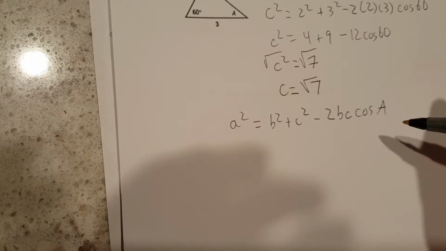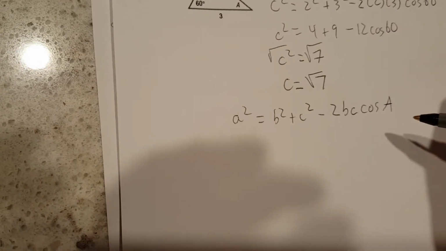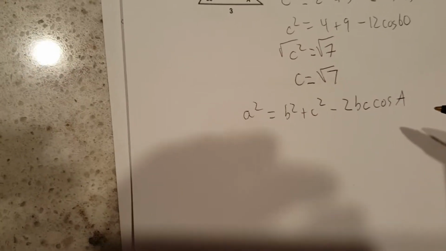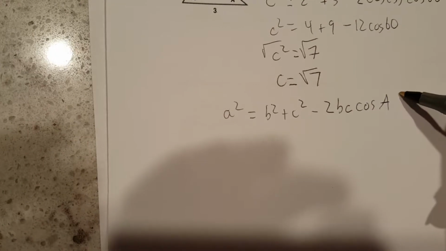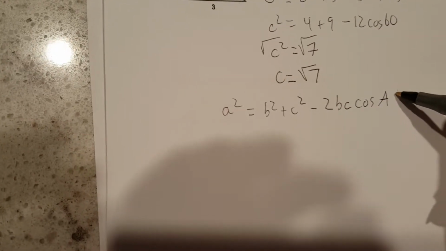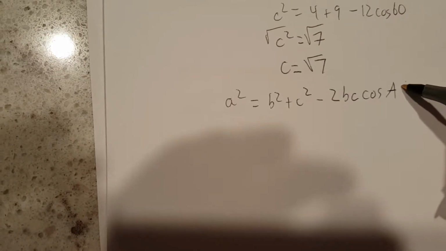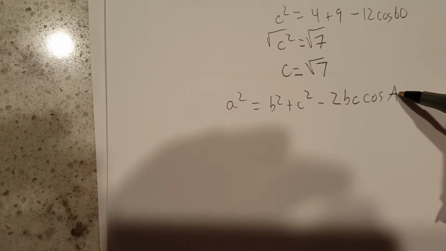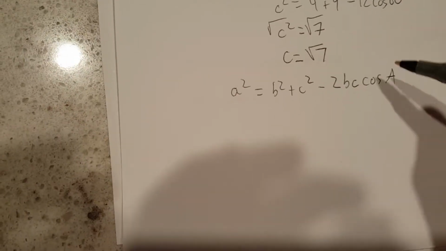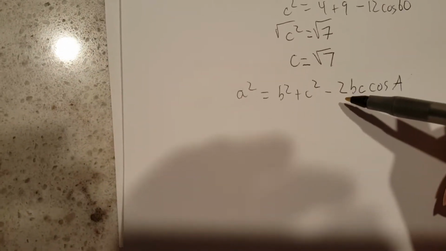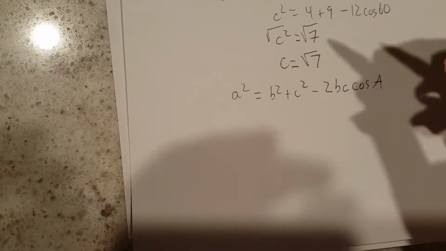Okay, if we plug all this information in, actually, I think what would be easier for you guys to do is, since you're looking for A, we are going to solve this equation for A. So I'm going to make this positive and bring it to the other side.